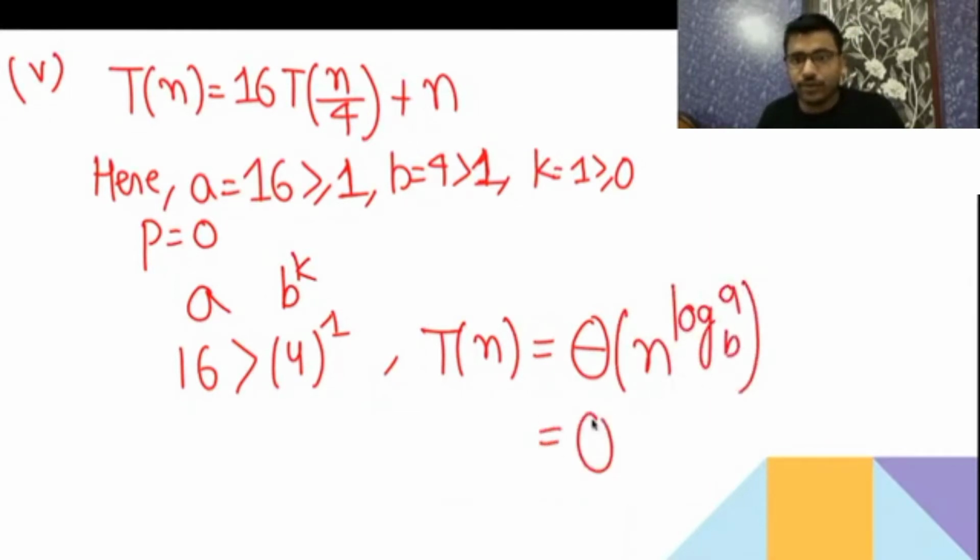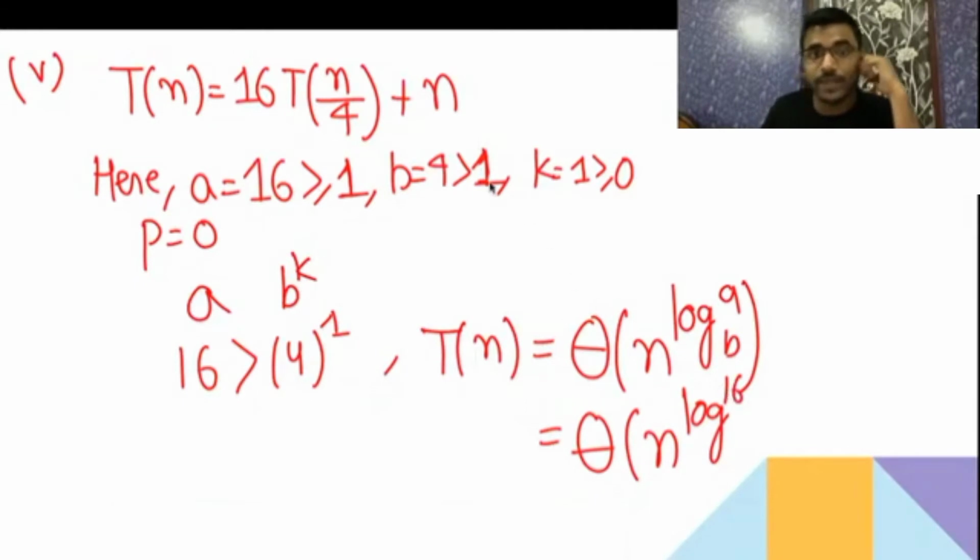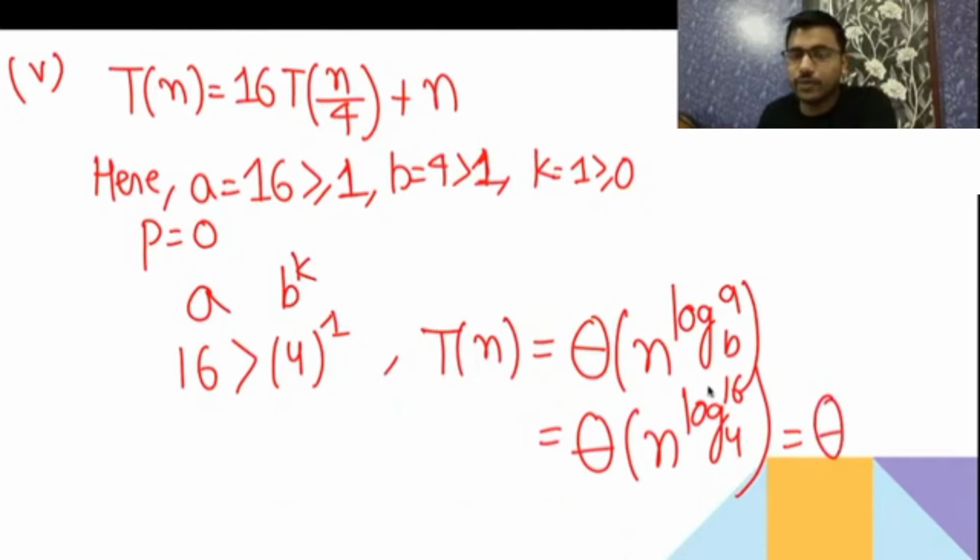So log of 16 with base 4, that is 2, because 4 square is 16. So this value is 2, so that is going to be theta n square. Understood?